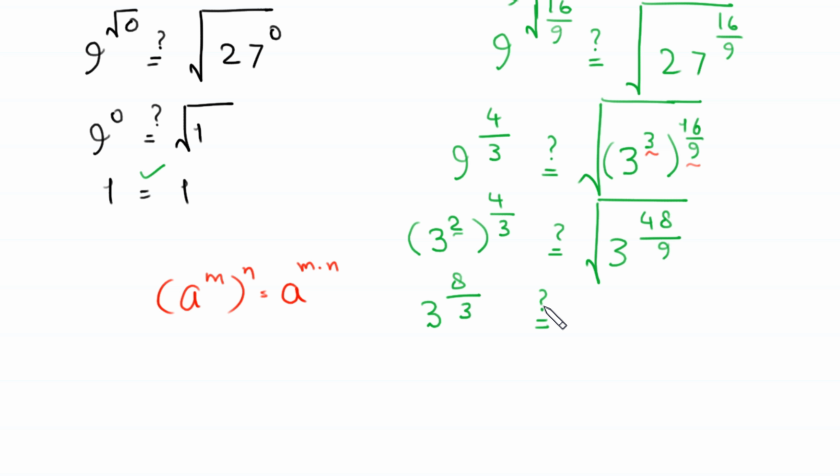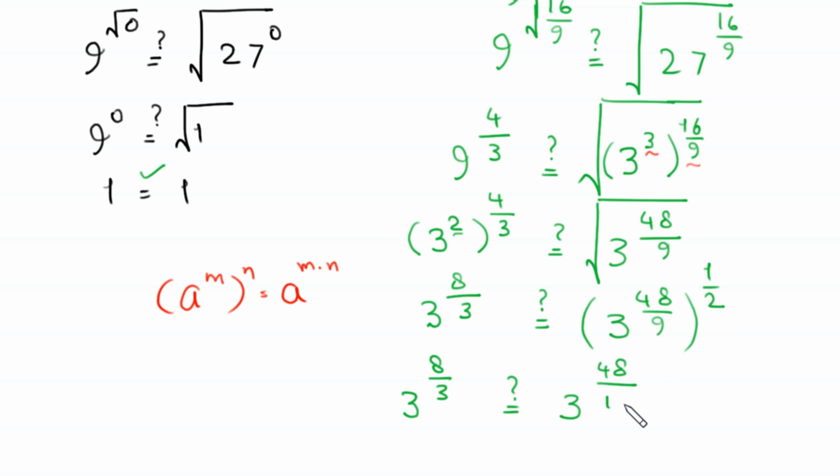Is it equal to, this square root of 3 to the power 48 over 9 will become 3 to the power 48 over 9, whole to the power 1 over 2. Next, 3 to the power 8 over 3, is it equal to, by using this property we multiply this 48 over 9 by this 1 over 2, this will become 3 to the power 48 over 9 times 2, 18.